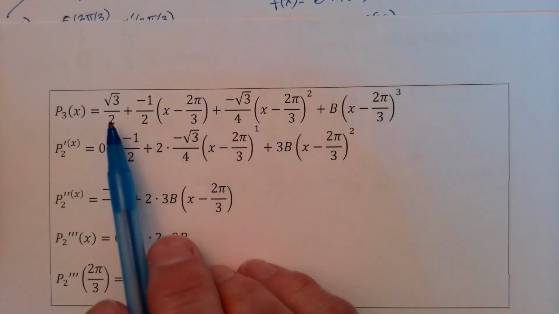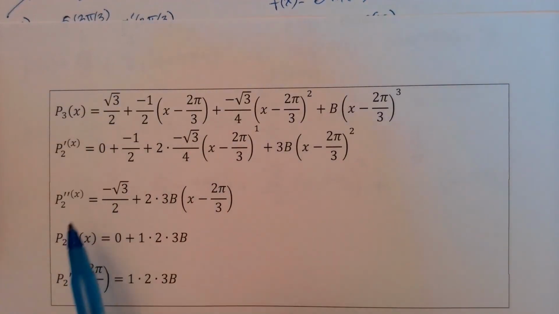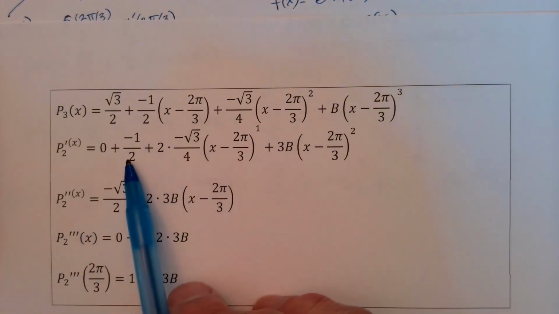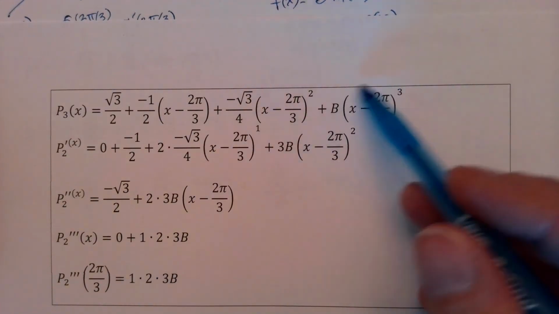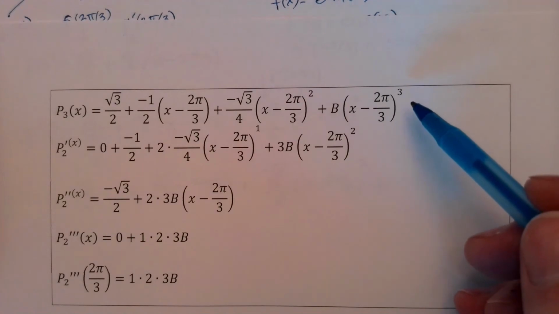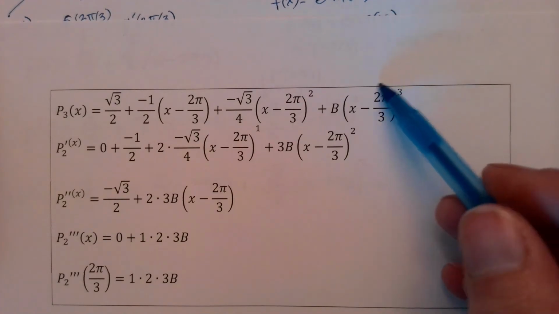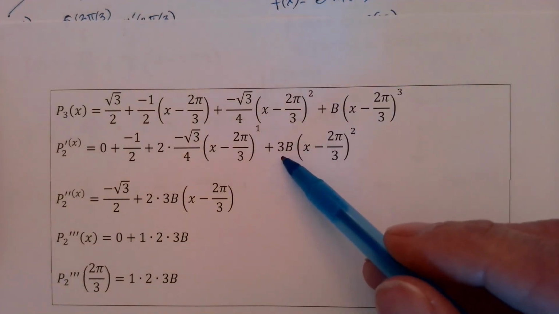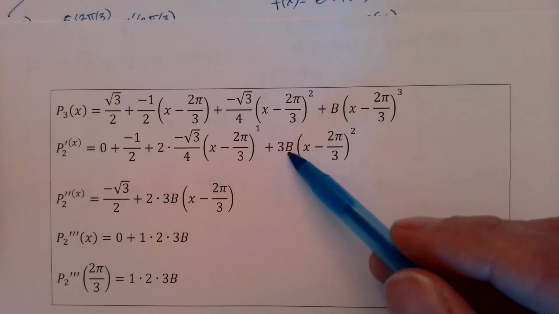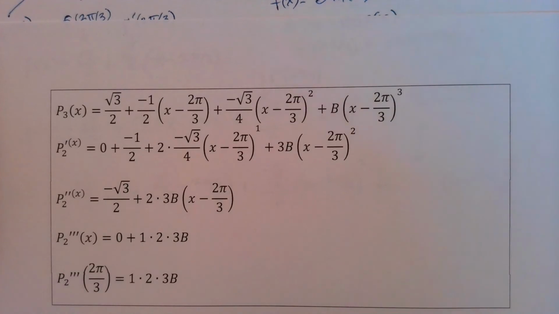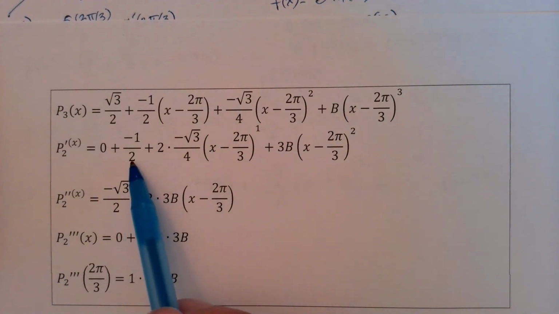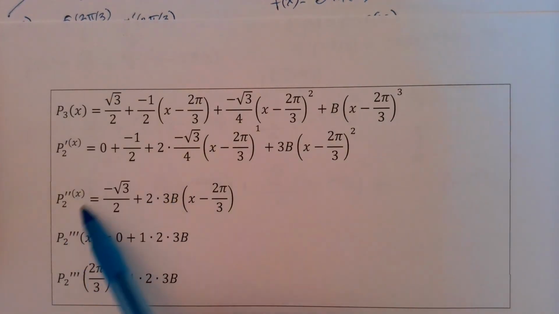We already talked about in the first derivative, the constant term goes to 0, the linear term goes to a constant, the quadratic term goes to a linear term, etc., etc. Keeping your eye on this one, just in the first derivative, I'm multiplying here by 3 against whatever that coefficient b is, and I'm still quadratic. Okay, let's get to the second derivative. That constant goes to 0. That's why you don't see it down here.